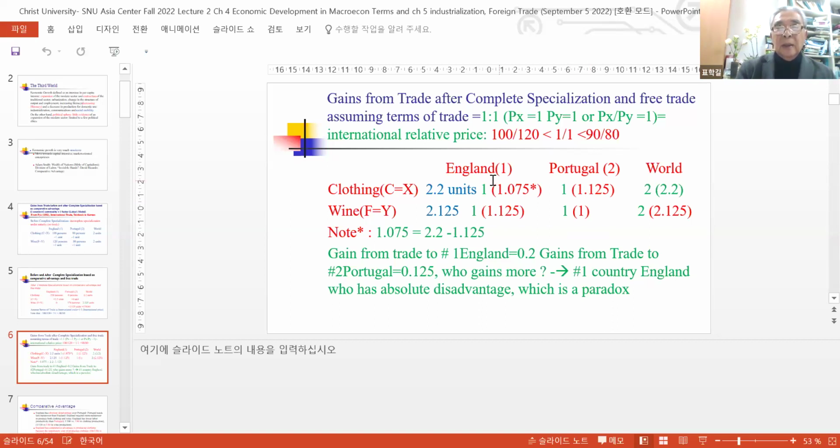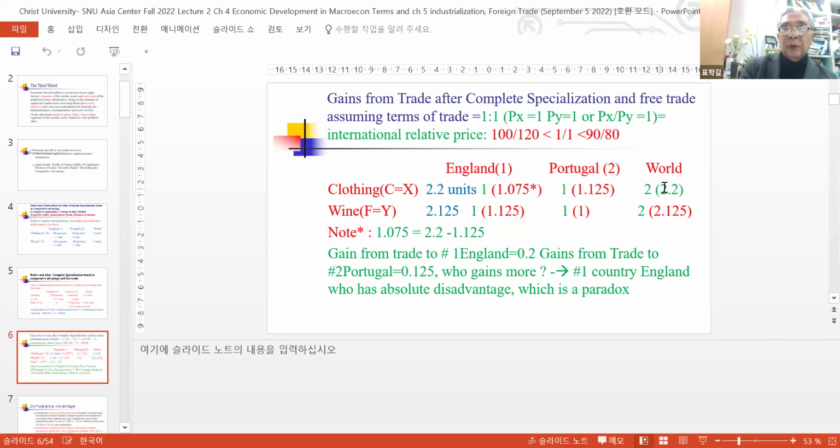Then England, deducting 1.125 units from 2.2 units, has 1.075 clothing left over. And wine-wise, because Portugal has given 1.125 units of clothing to England, Portugal has 1.125 units of wine.